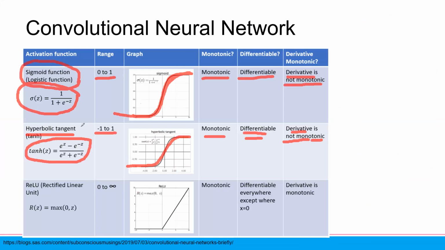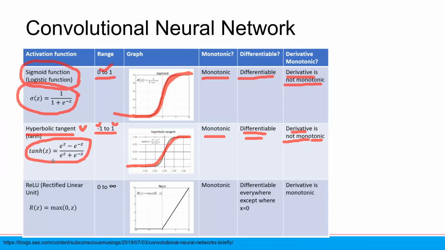If you require values with a minus, then you can use the hyperbolic tangent. But if it is a positive value and you do not want a negative value, then you can use the sigmoid function.